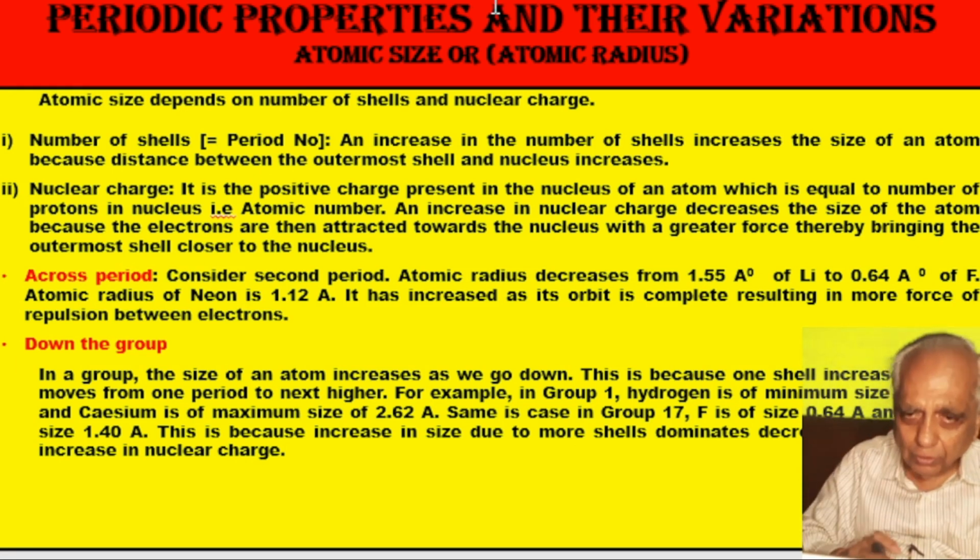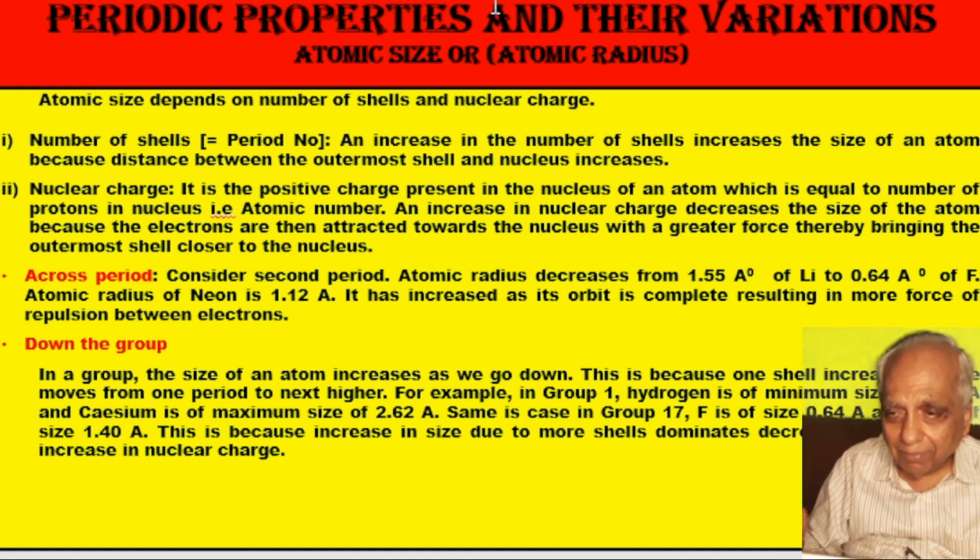So as we move down the group, my number of shells will increase by 1, so the size of the atom will increase. The size of the atom depends on the number of shells. The second factor is the nuclear charge that the atom has. Now when I am moving in any period, the number of orbits remains the same, but the charge is increasing by 1.